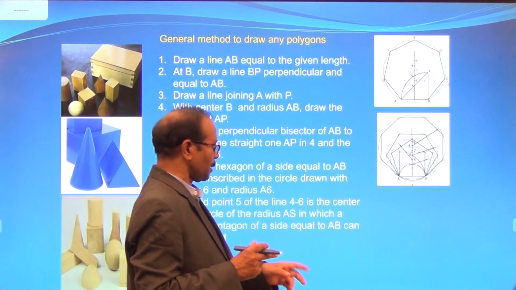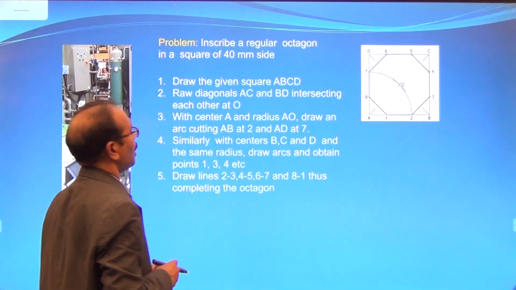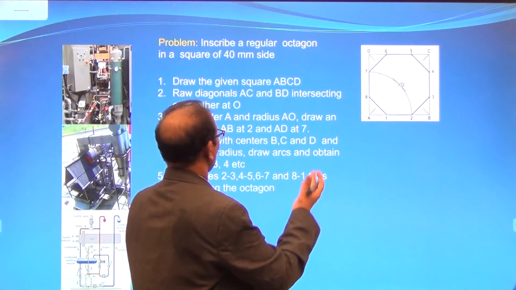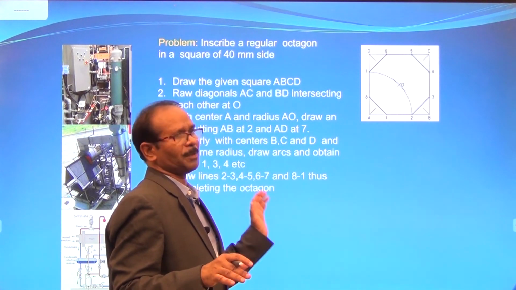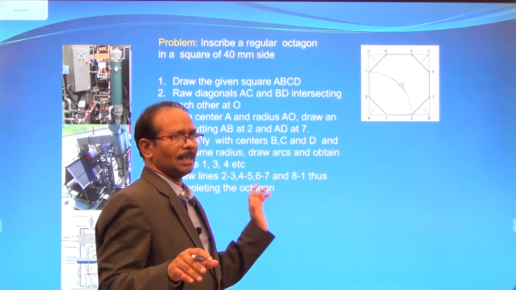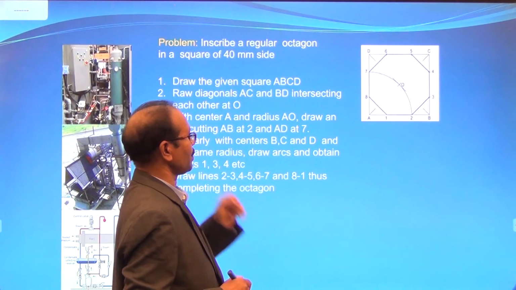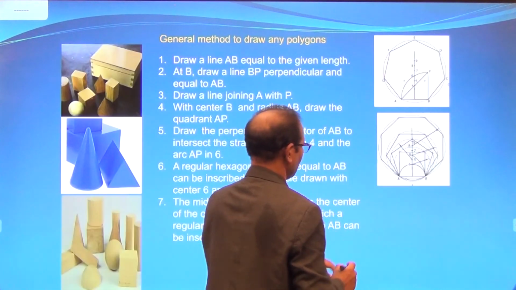Now, based upon this principle, one last problem: inscribe an octagon in a square. This is the last problem in the sheet. First draw the square with the given side.